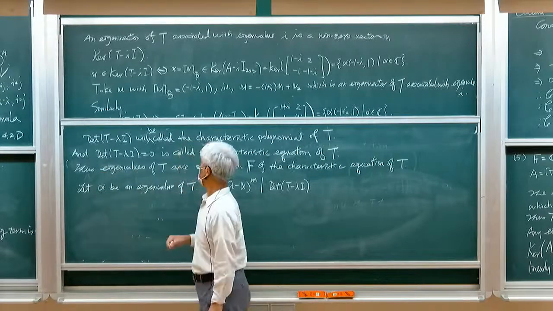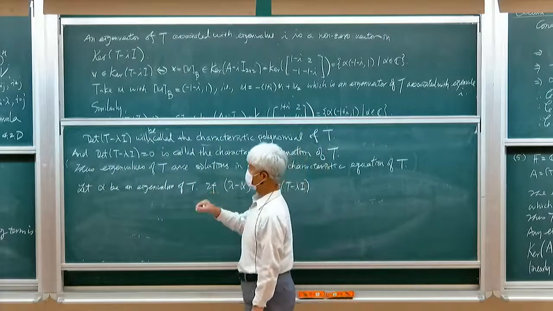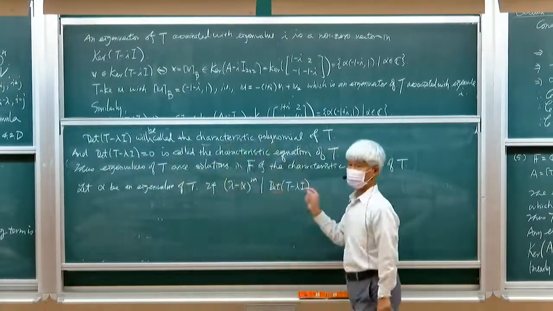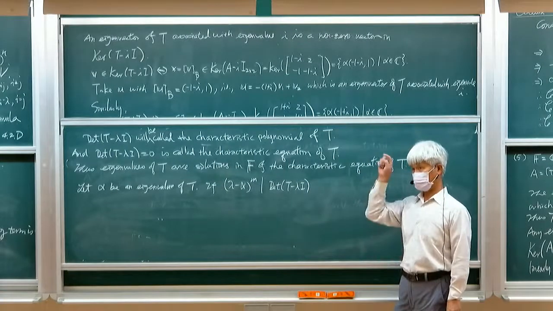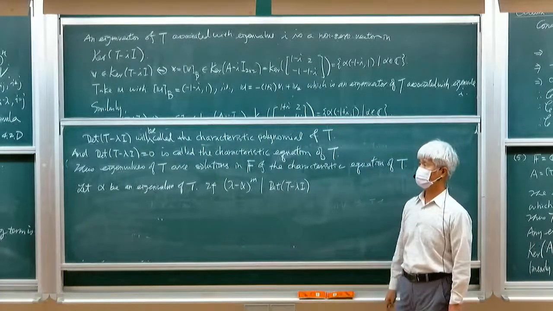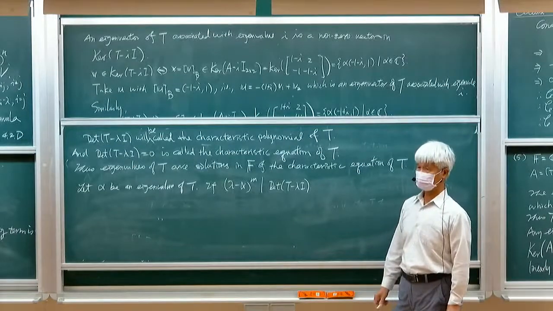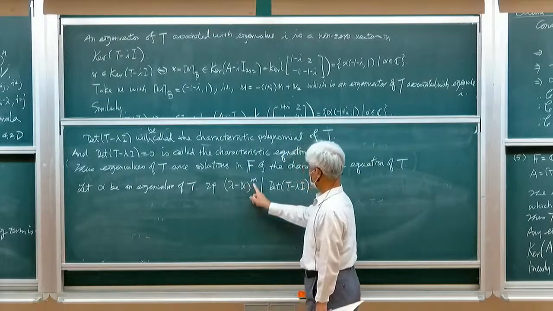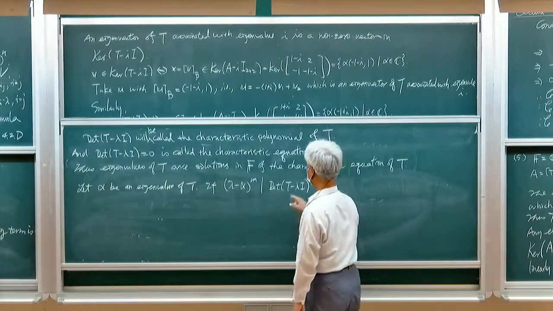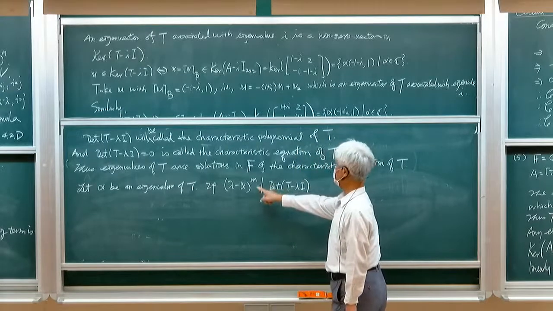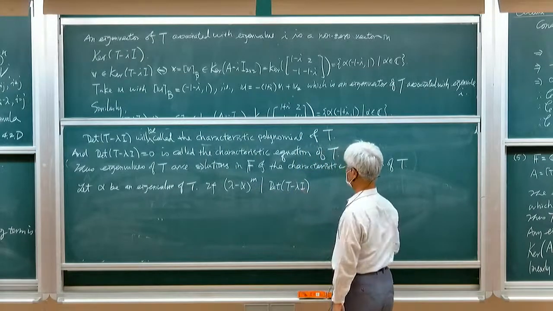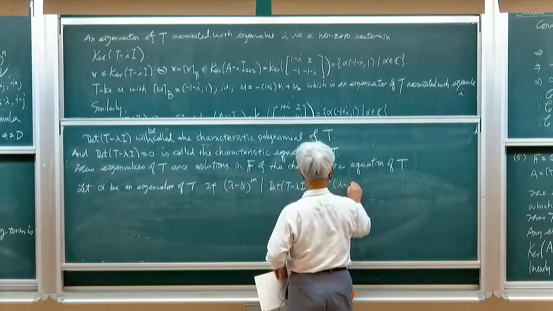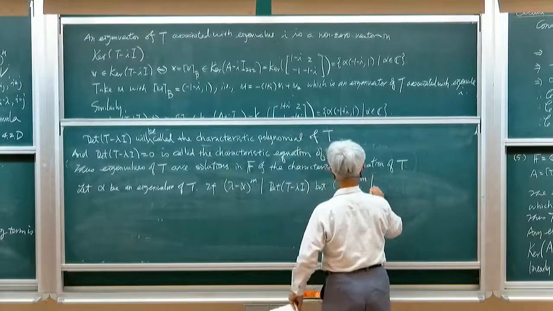Solving the characteristic equation is equivalent to splitting the characteristic polynomial into linear factors, as we have done in the 5 examples we mentioned before. So if we have the mth power of the linear factor, this is a factor of the characteristic polynomial. But if we raise it one more, it is not.